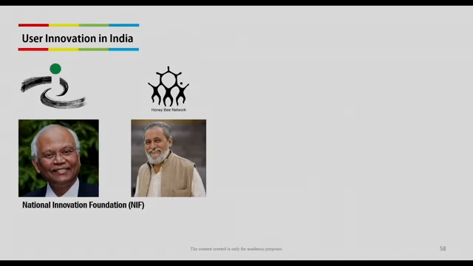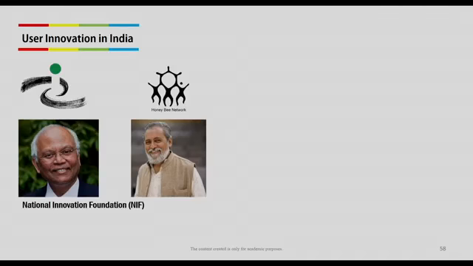So, now we will see how user innovation is happening in India. The Department of Science and Technology, DST India, helped establish the National Innovation Foundation in 2000 with the main goal of providing institutional support in scouting, spawning, sustaining and scaling up grassroots innovations.